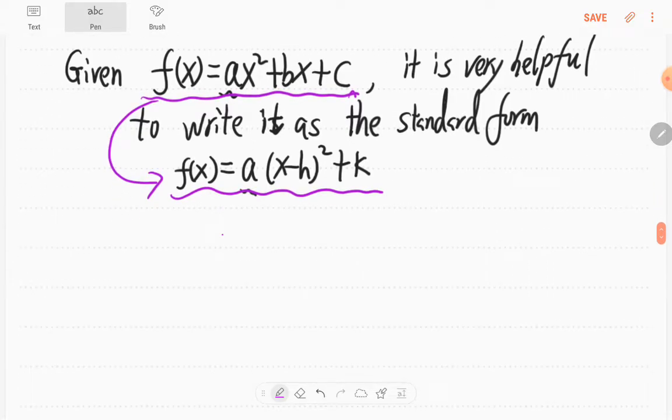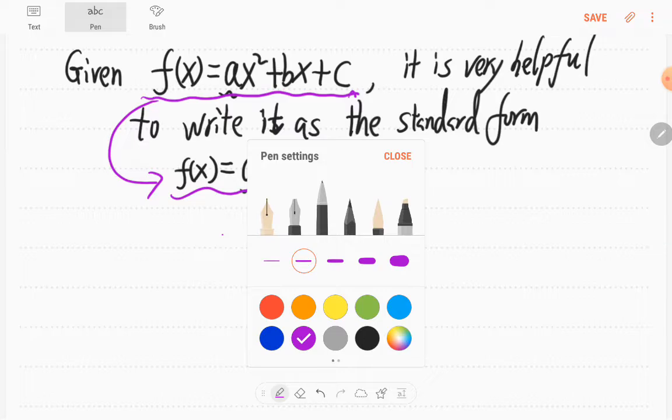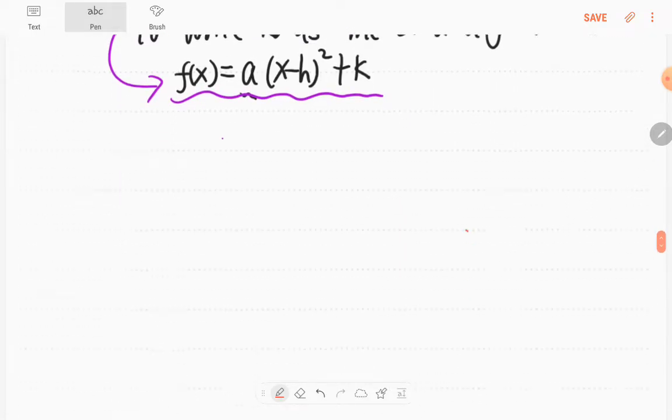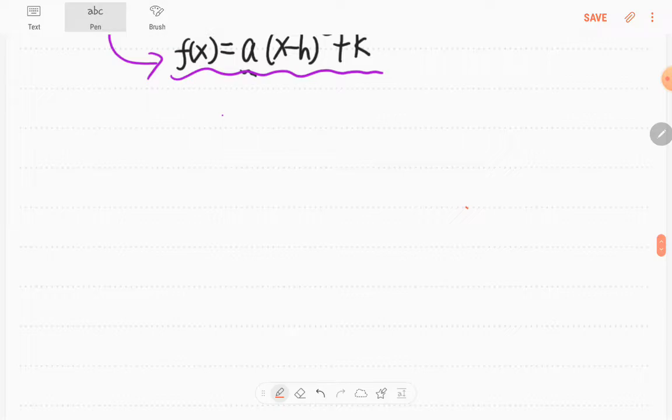So here is a technique we want to talk about, which I will write in red: the completing the square technique.